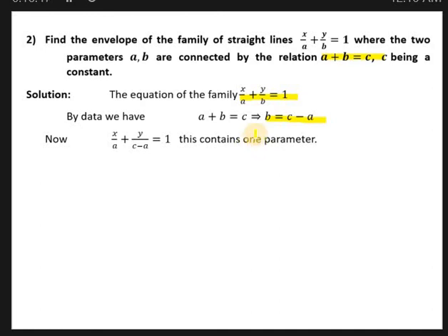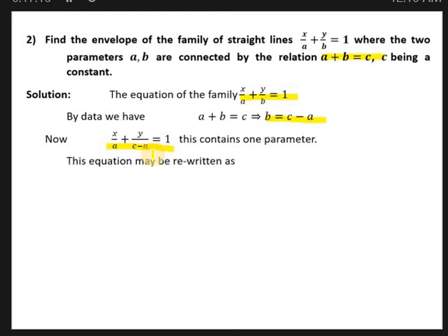See, we have used the data given, that is a plus b is equal to c, and we equated b is equal to c minus a and substituted the b value in the above equation. Hence, the above equation becomes x by a plus y by c minus a is equal to 1, which contains only one parameter, that parameter is a. C being a constant, a is the parameter.